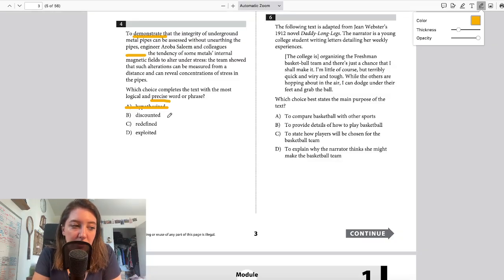Like if they're discounting something, they're not counting something that should be counted. So redefined, this would be the case if they were editing something about it, but they're not. This one is exploited. They're using it for their gain, right? In order to demonstrate something, they're exploiting the tendency of some metals' internal magnetic fields to alter under stress. So they are figuring out how they work so that they can use them for their own purposes.